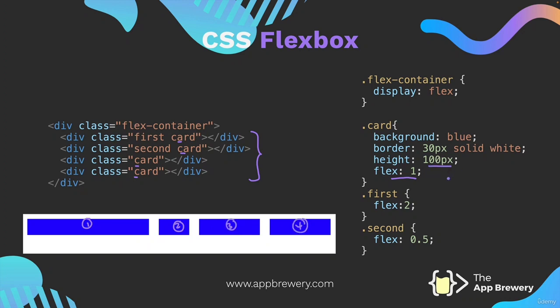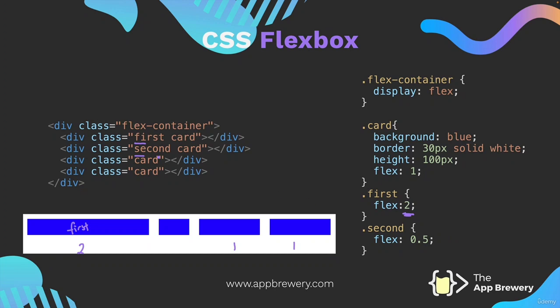Now I've added a fixed height of 100 pixels. So each of these cards should all have 100 pixels in height. But then I've gone and done some customizations to the default layout that's set out here. What I've done is I've added some extra classes to the first 2 divs. This first div has, instead of a flex of 1 where it has equal width to everybody else, I've set it to have a flex of 2. So what this means is this is going to be twice the width of each of these unmodified ones.